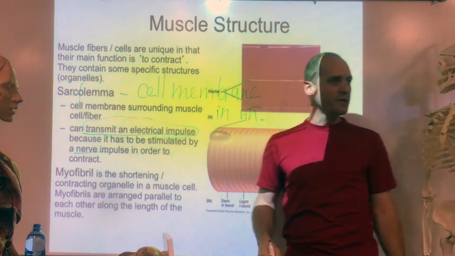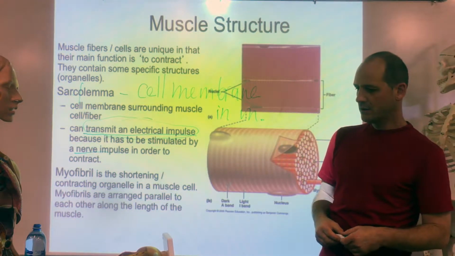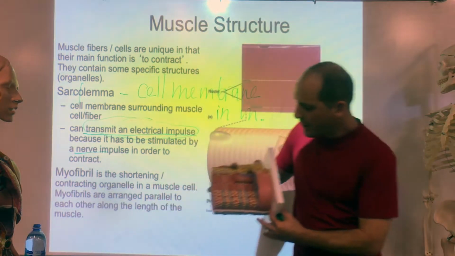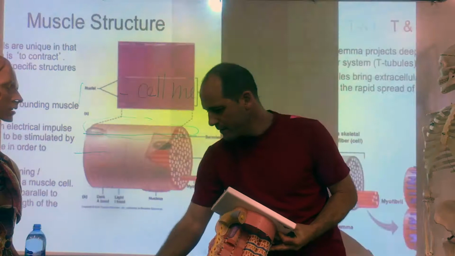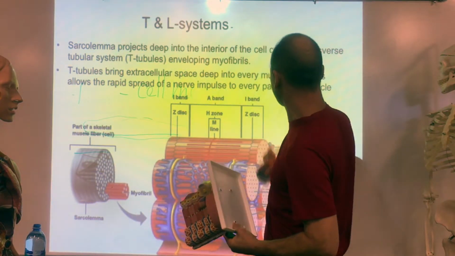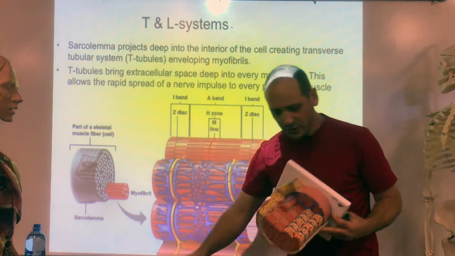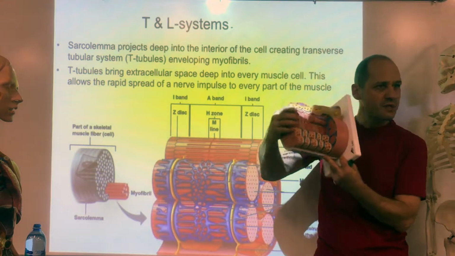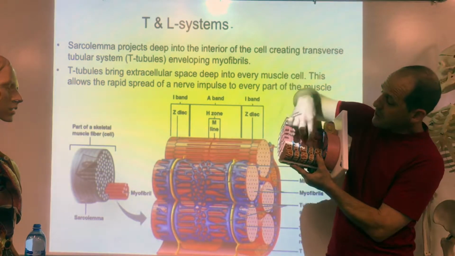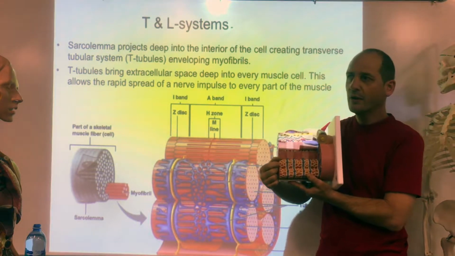The stimulation ability, this excitability, it can be irritated. And when that is irritated, then it brings that irritation, that excitability, that nerve impulse deep into the muscle. If this is a muscle fiber right here, these little long things are sort of subunits of the muscle fiber.